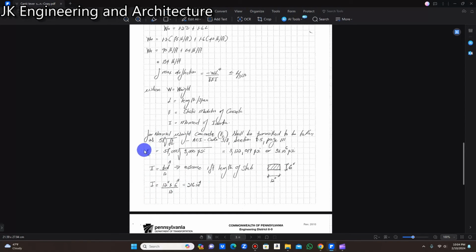The elastic modulus of concrete is 3 times 10 to the 6 psi, pounds per square inch, and our moment of inertia is going to work out to be 216 inch to the fourth. So it's 12 inches times 6 inches cubed divided by 12, which is 216 inch to the fourth.